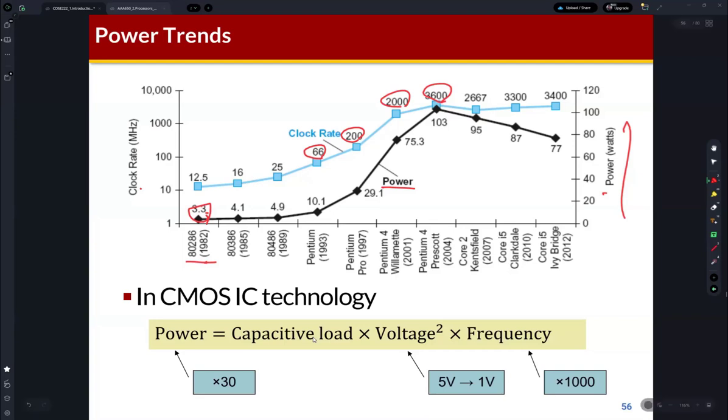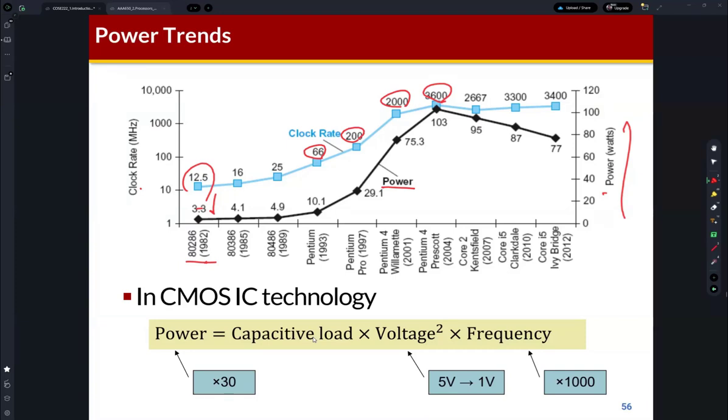But you can find that the power consumption was so low. Also, the clock frequency was also so low. So what does that mean? The performance is extremely low.